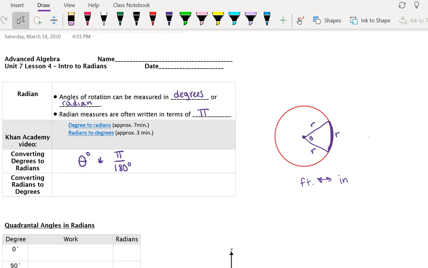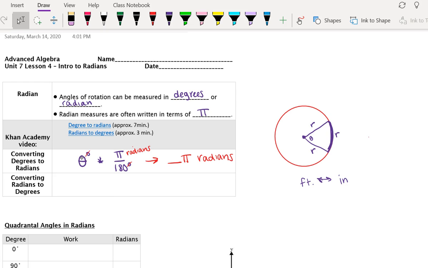The goal is to get the degrees units to cancel, and you would be left with a final answer in terms of pi, and your answer would be something pi radians. Okay? So pi is actually, the unit on that is radians.